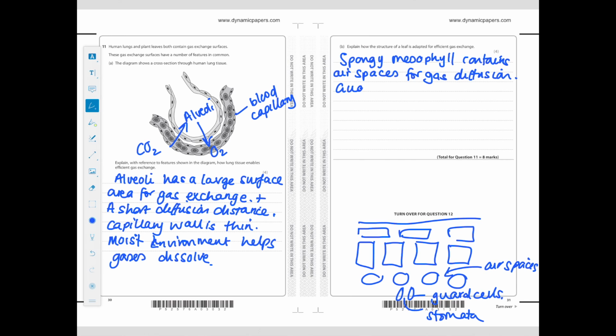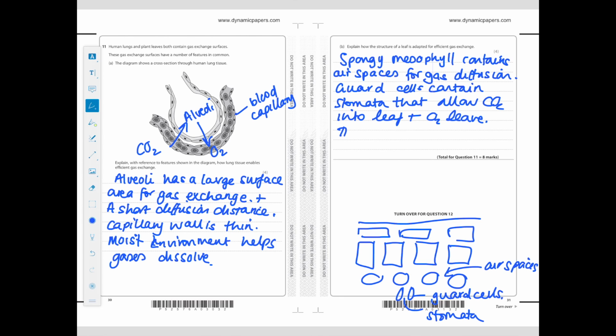You want to say guard cells contain stomata that allow CO2 into the leaf and oxygen to leave, and then points that you've literally just made relating to that alveoli and capillary, they're relevant here.